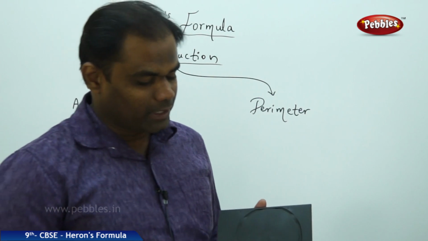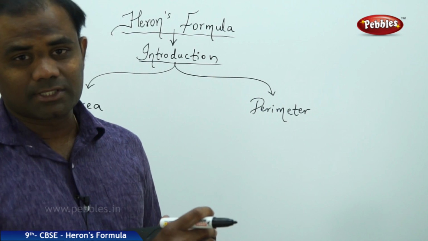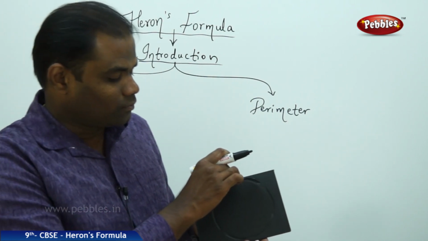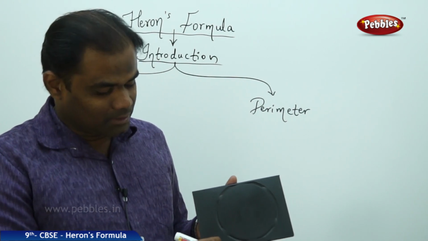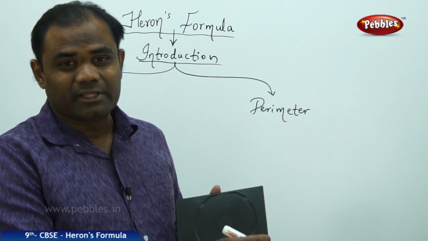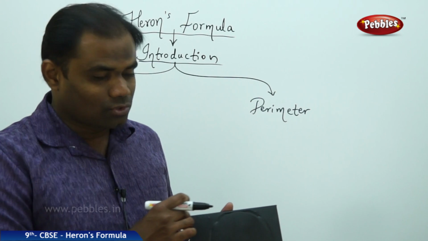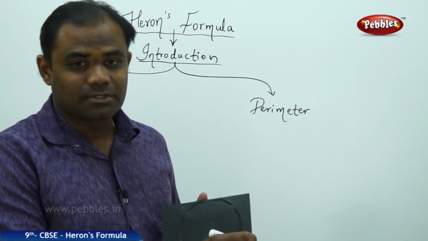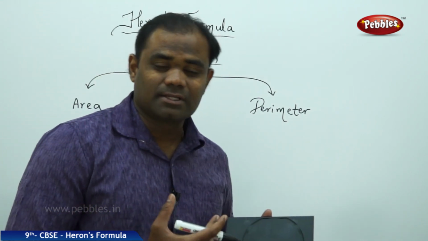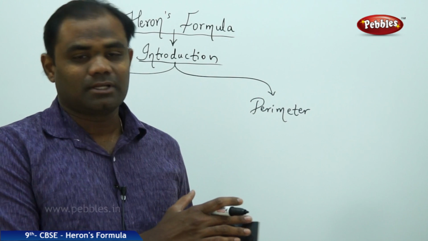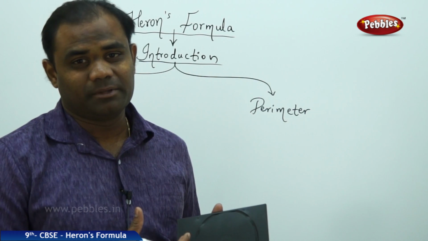Imagine an ant starts from here and moves along this edge, then this edge, and this, then this edge, making a journey along all four sides until it reaches its initial position. That journey is nothing but the perimeter. So perimeter is the sum of all the boundaries, the total length of the boundary.